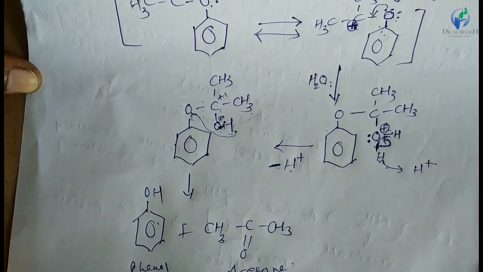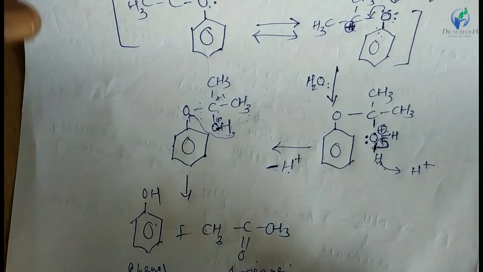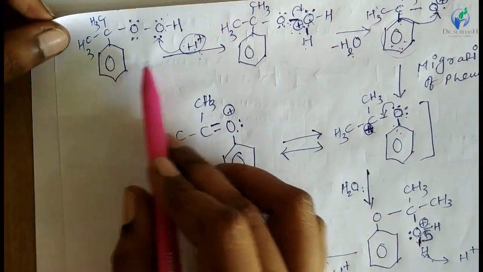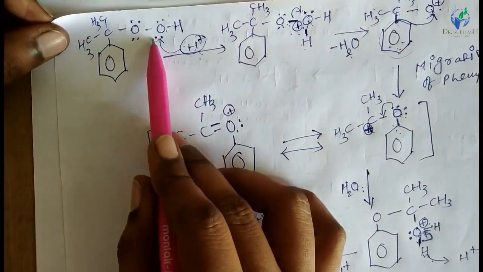There are two main steps. First one is oxidation of cumene to cumene hydroperoxide, and then hydrolysis of cumene hydroperoxide to phenol, right? And we have seen the reaction mechanism for the second step, that is conversion of cumene hydroperoxide to phenol, right? In this reaction mechanism, first step is the protonation of the peroxide group.